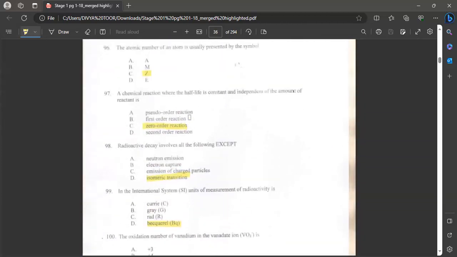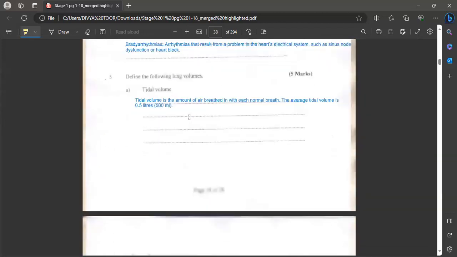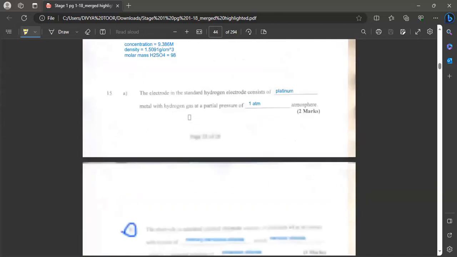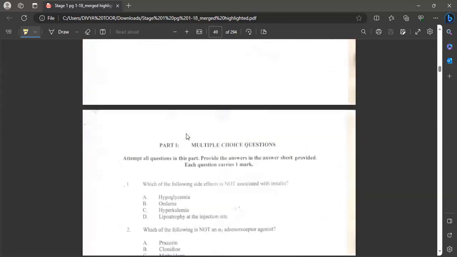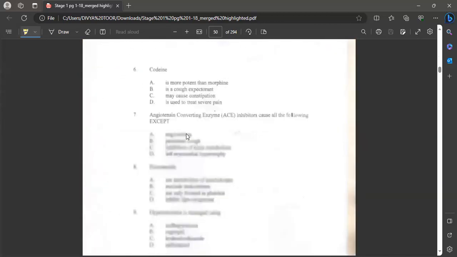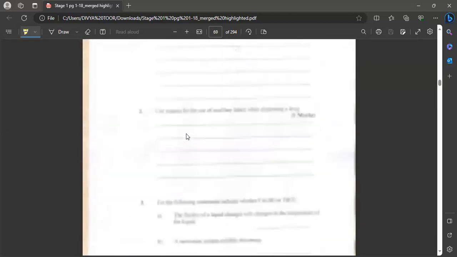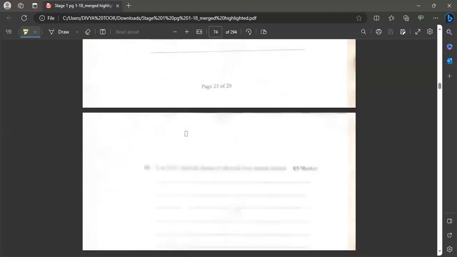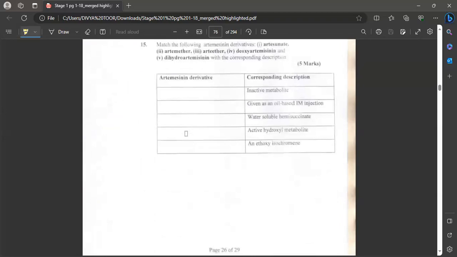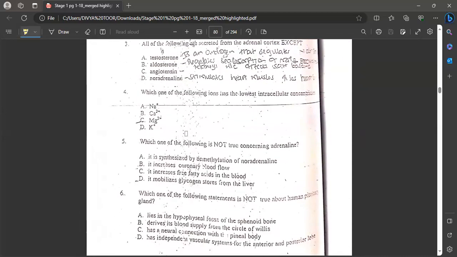I think the take home message is also, like today on your own time, just go through the complement system. Yeah, this is paper 2, I think.